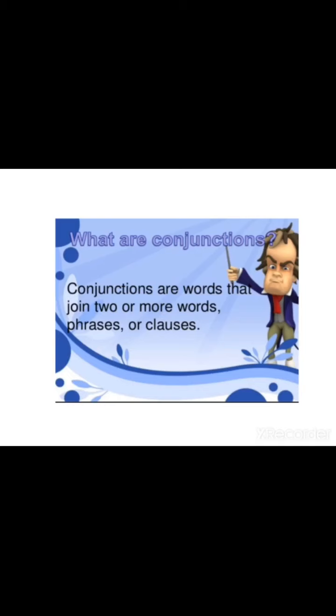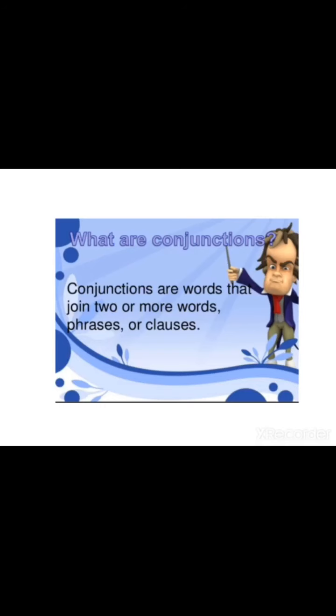The word or is joining two words, and two clauses and phrases also. Like, conjunctions are the words that join two or more words. So the word or is joining the words, and then phrases or clauses.